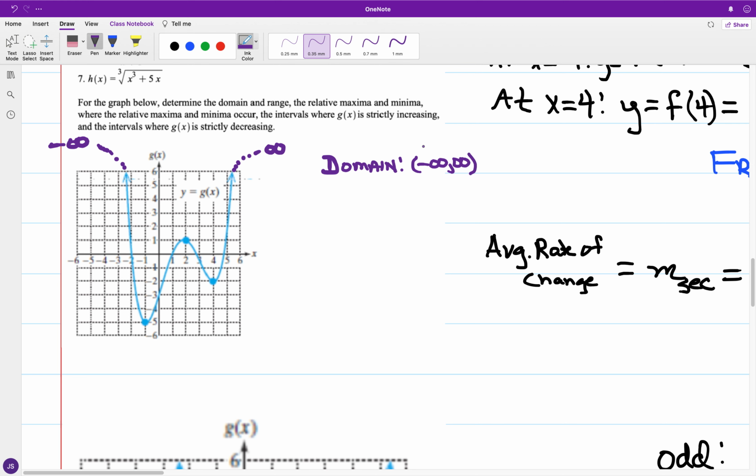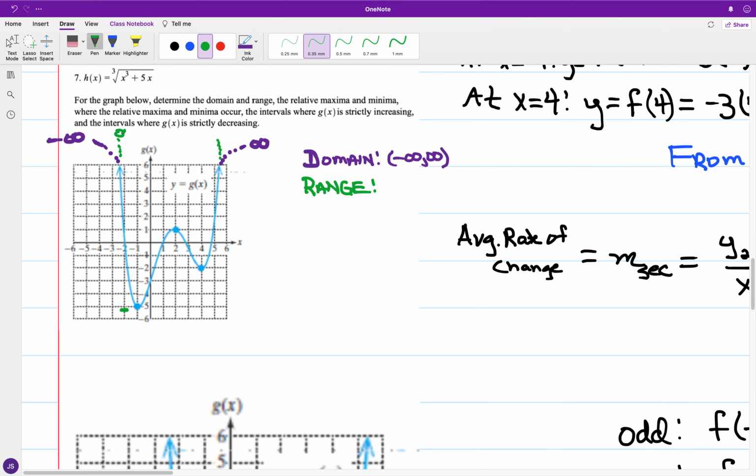Now for the range, the range is in reference to the y values. If you notice, the bottommost y value is located over here, and the upward pointing arrows are heading out toward y equal to infinity.